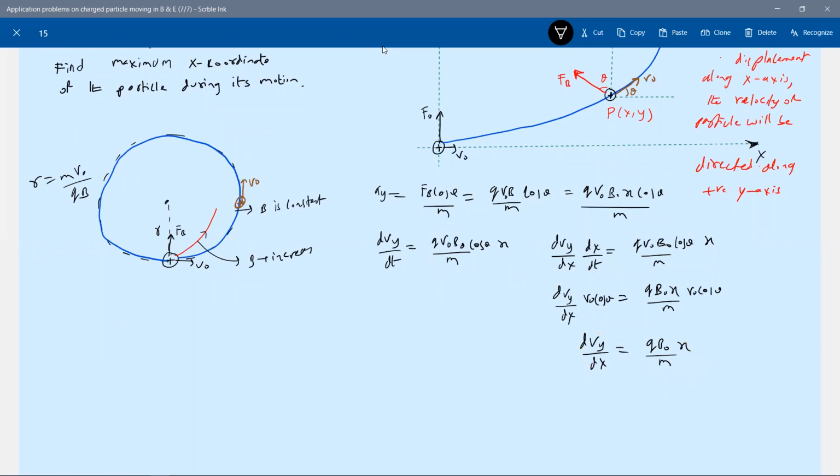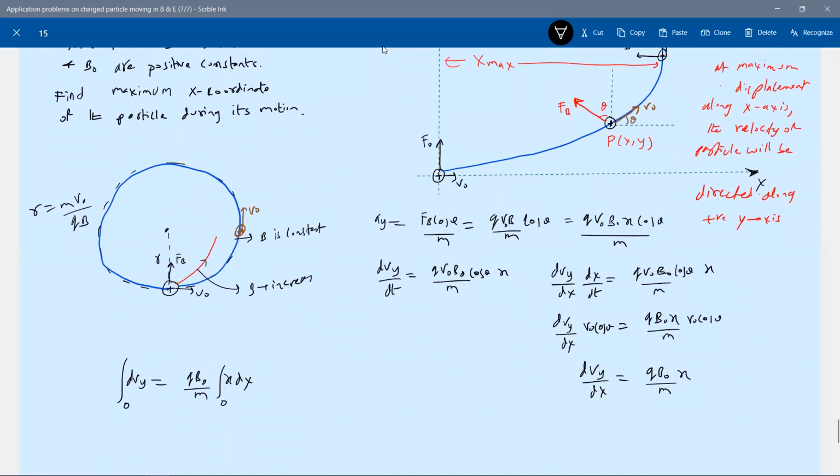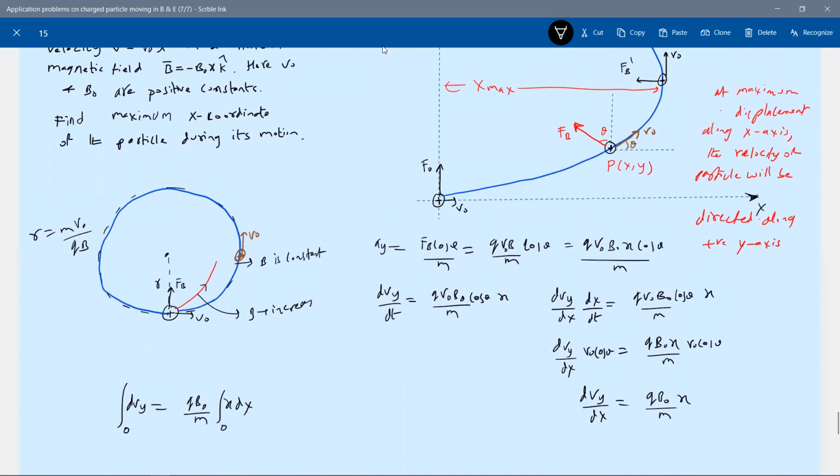Further, okay, can we integrate now? Q B naught by m, x dx. What should be the limit now? At x equal to 0, the y component of velocity is 0. You can see clearly from there. Then at maximum displacement, the y component of velocity is v naught.